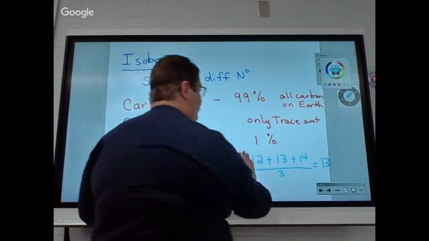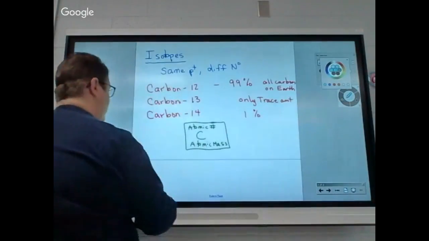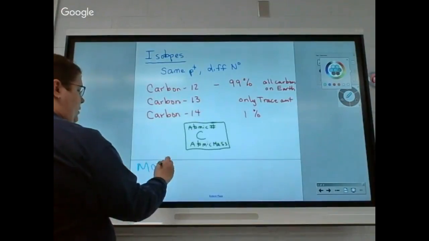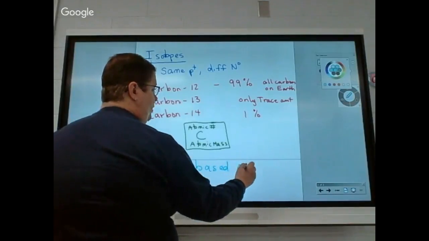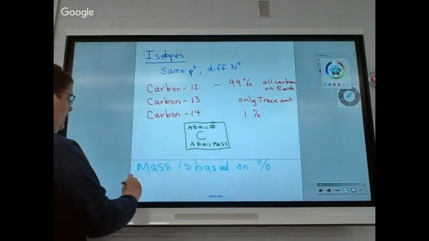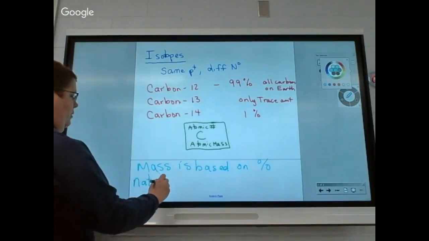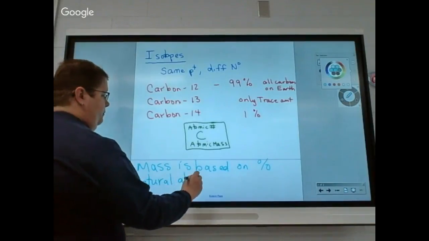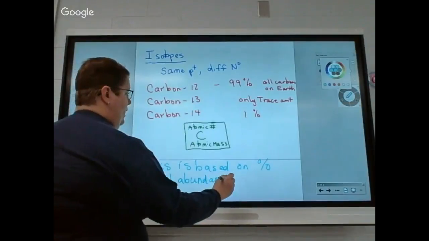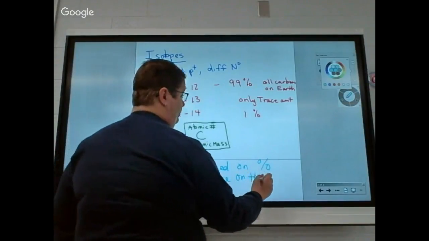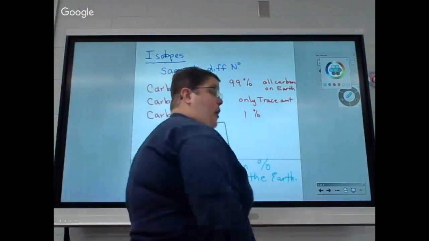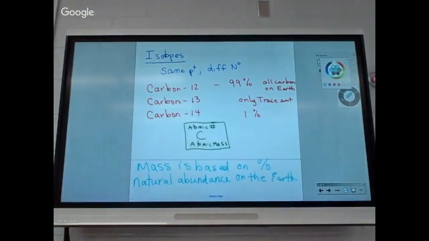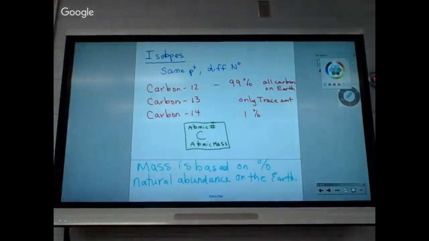So mass on the periodic table is based on percent natural abundance on the earth. Carbon-12 has a larger percent abundance on the earth. It gets a larger weight when we average its mass.